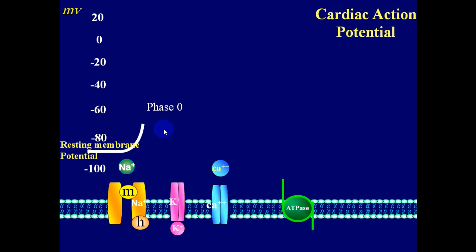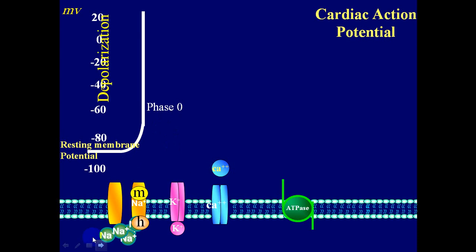Look how the discharge happens: the sodium channel opens and the fast sodium channel passes ions. This is the depolarization phase. Phase 0 is the depolarization of the myocyte, due to the influx of sodium ions with a positive charge inside the myocyte.